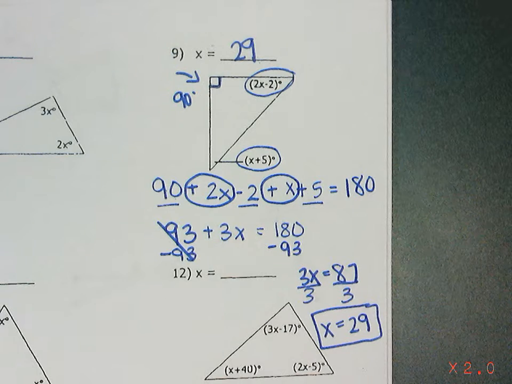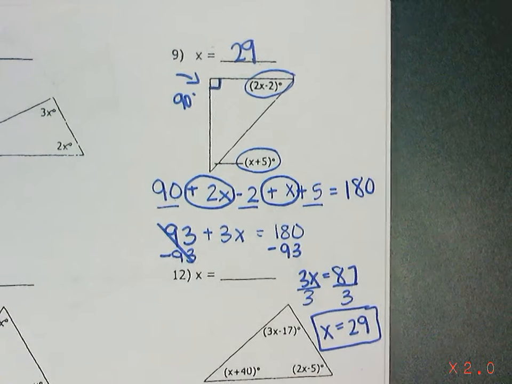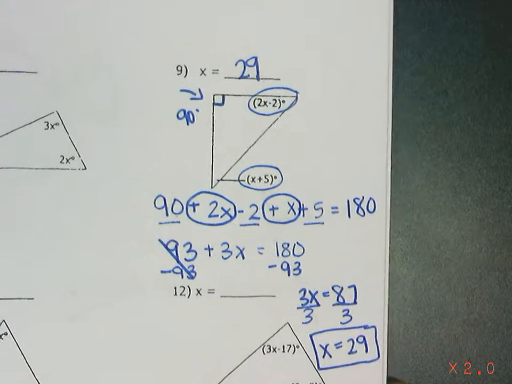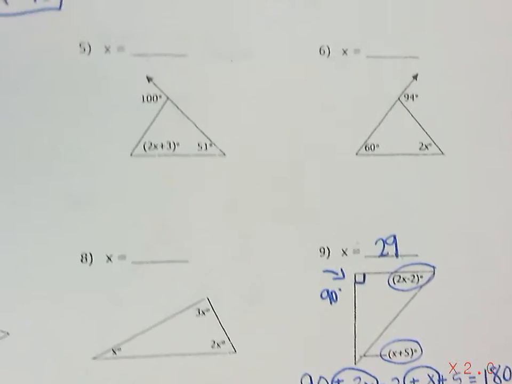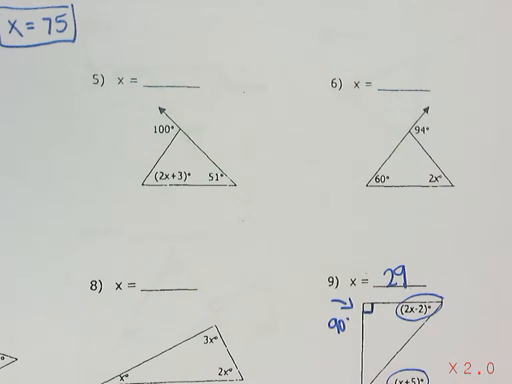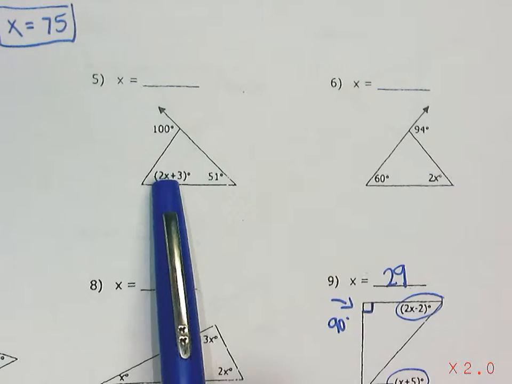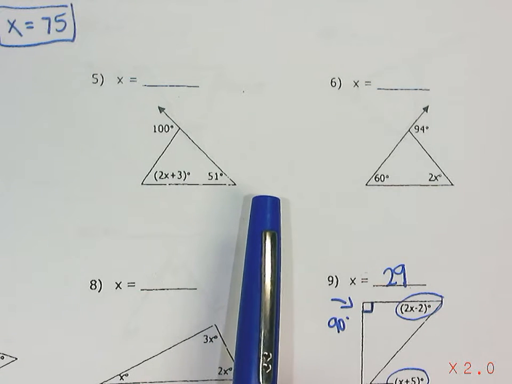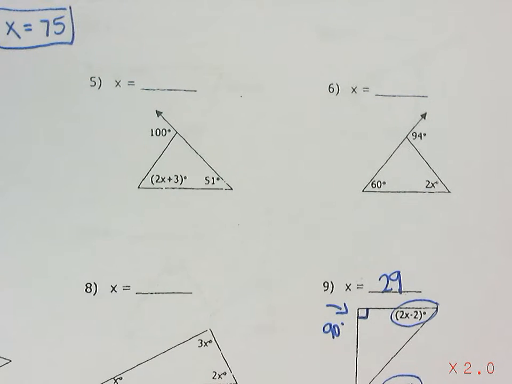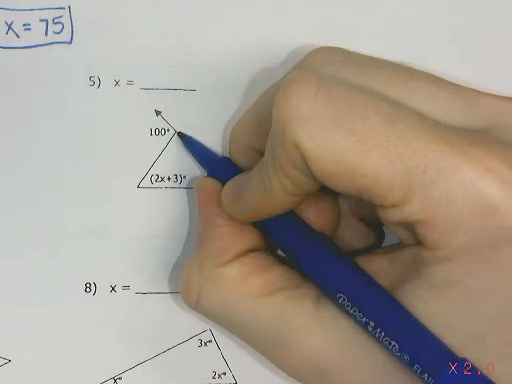All right, now we are going to jump up a little bit on the page. We're going to do some other examples that are a little bit different type of problems. So if we look at problem number 5, you notice we have the two inside angles of this triangle, but we don't have this angle right here.